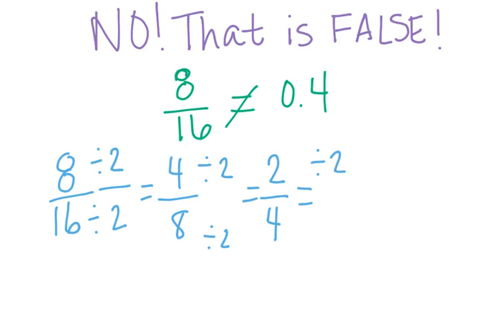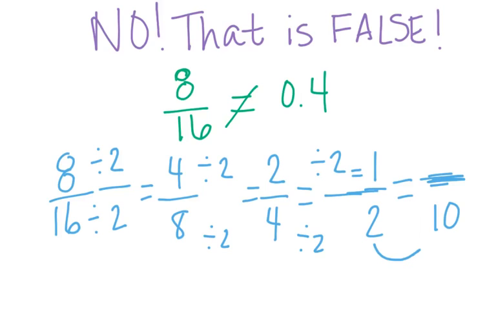Divide by 2 again. 2 divided by 2 equals 1, and 4 divided by 2 equals half. Now, most of you know that 1/2 is going to be equal to a specific decimal, but some of you might not be sure. So now that we have a 2 down here, we can easily get it to be tenths. So 2 times 5 is 10, and 1 times 5 is 5.